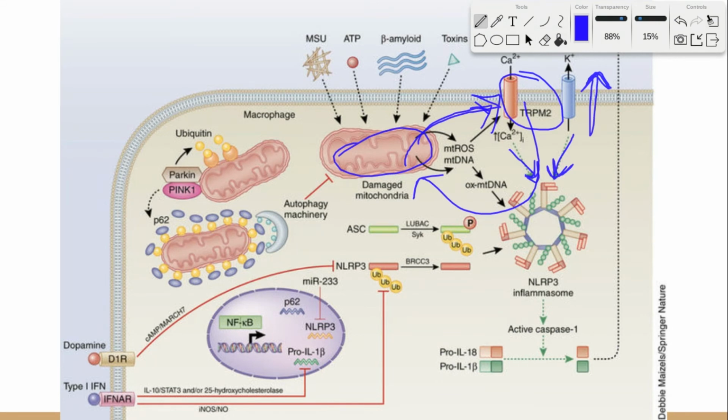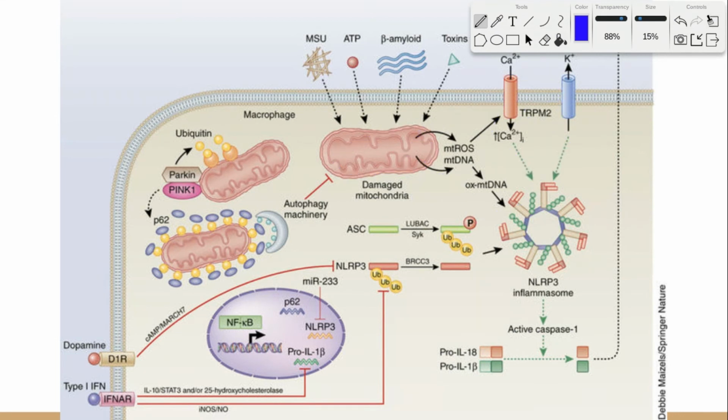So dysfunctional mitochondria release ROS, which open these TRPM2 channels, which causes even more calcium influx and calcium overload. Mitochondrial DNA and ROS signaling due to this calcium overload can then cause NLRP3 to oligomerize.